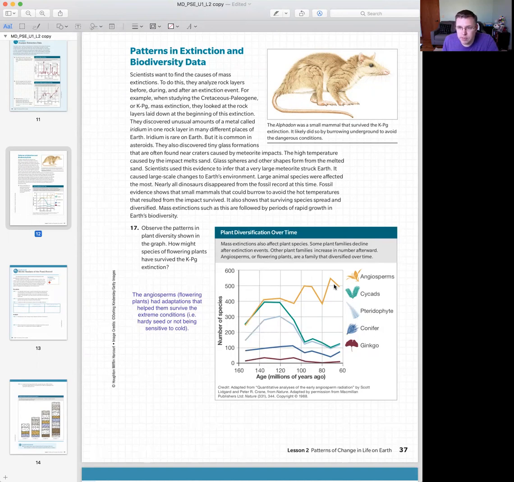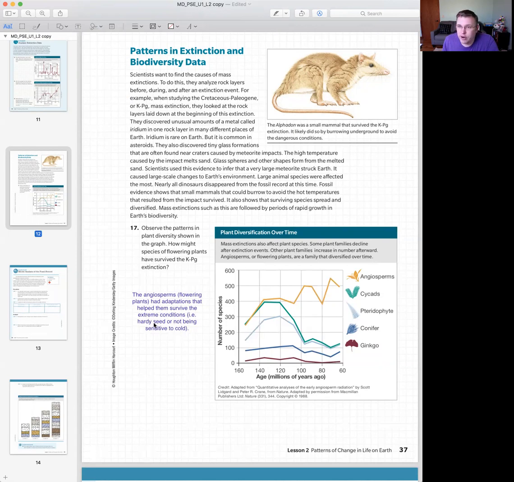If you think about that, angiosperms are flowering plants, and most of the plants we see outside today are probably flowering plants. These have adaptations that have helped them survive extreme conditions. It's like trees losing their leaves in the wintertime so they can handle the cold better, so not being very sensitive to cold.